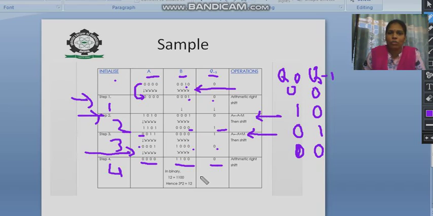This is Booth's algorithm. See A's content: after converting into decimal it is 0, and Q shows 12, and here it is 6 into 2, that is 12.